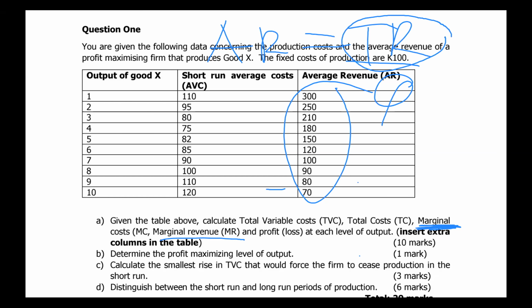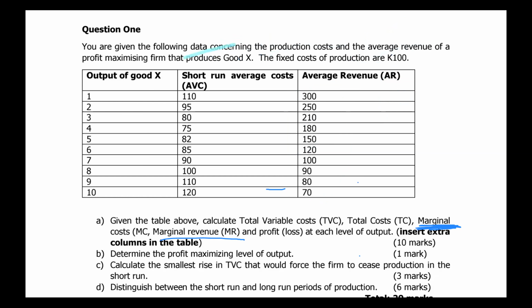For you to find the marginal revenue, let's find the total revenue. We said total revenue will be just the average revenue times output.